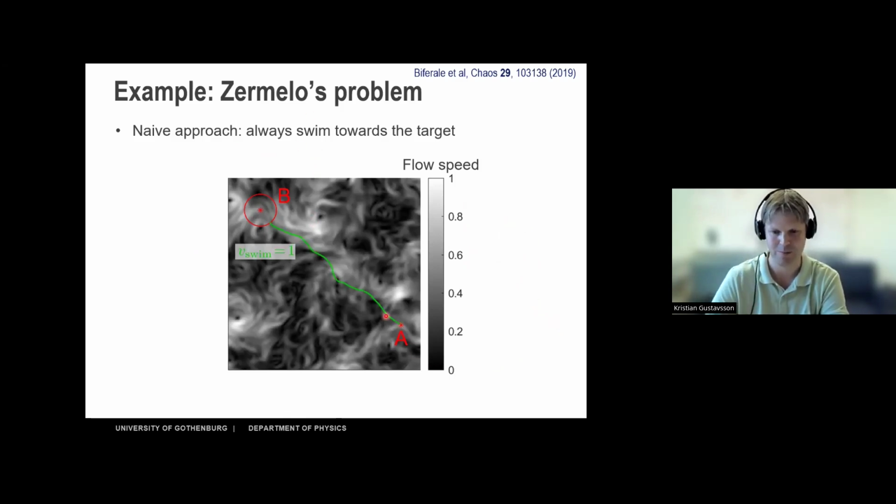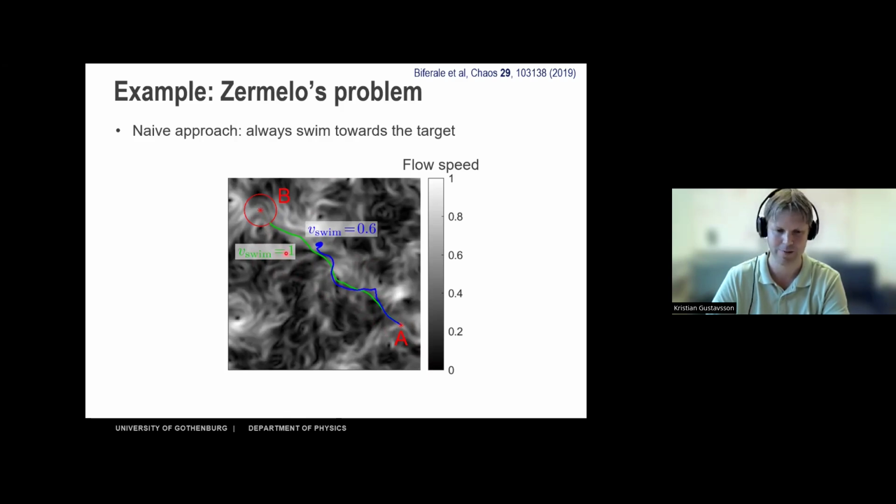So we swim always turning towards B, and we will get some deviations due to the flow, but essentially we move from A to B in a straight line if we can swim fast enough. But now if we have a smaller swimming speed, so this is compared to the flow velocity or the maximum flow velocity.